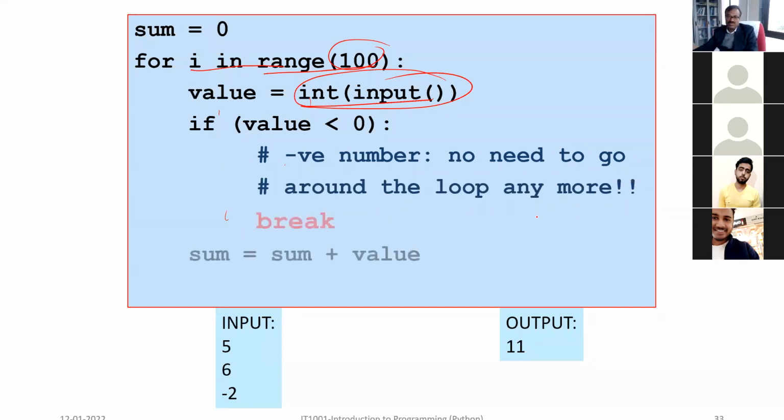You don't have to go around the loop anymore. So you break, else you are going to sum that value. So this break statement is going to break this for loop at the point where the value is less than 0. So using this if statement, you are making a break, which is a conditional break.